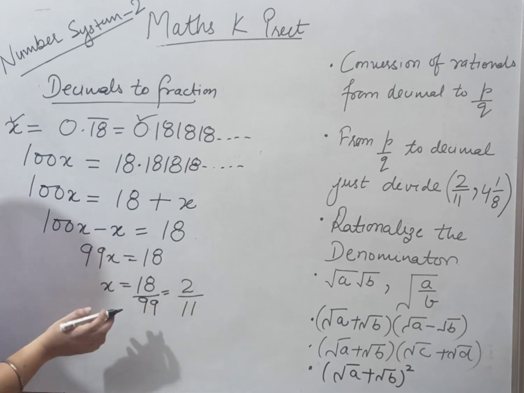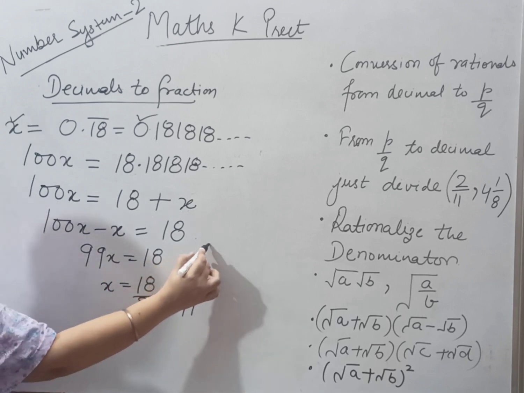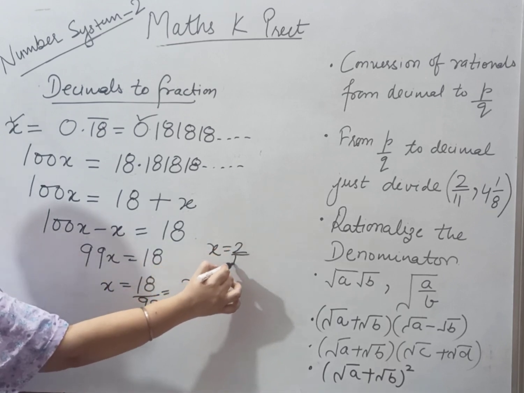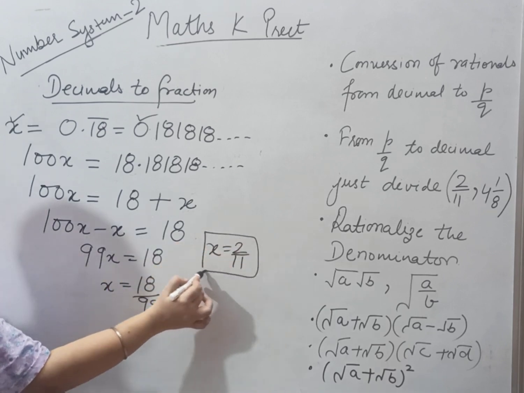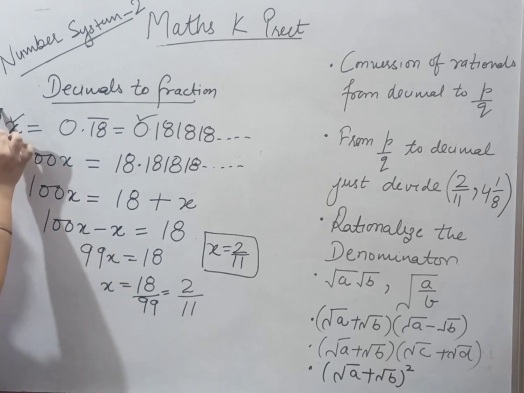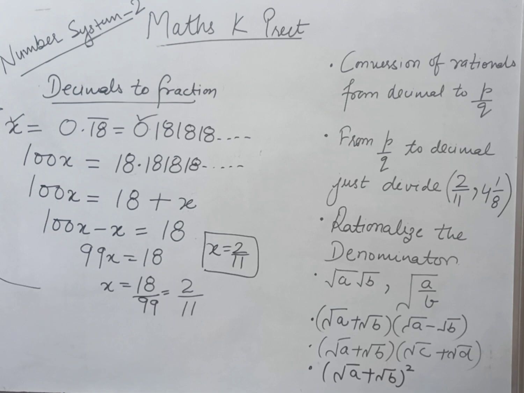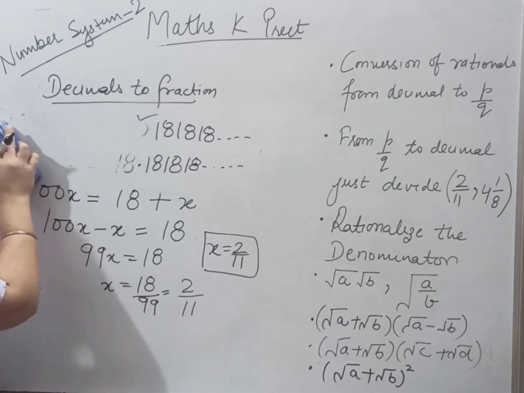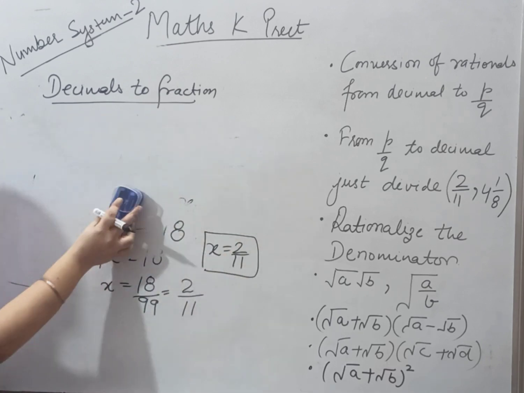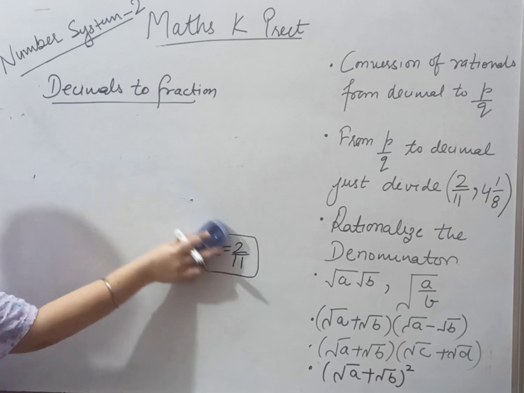We have seen in the last question, we took the fraction as 2 by 11. This is the same. So this is the way we convert the decimal form of a number which is non-terminating and recurring into a fraction. Let's do one more question that will give you more clarity about the steps.